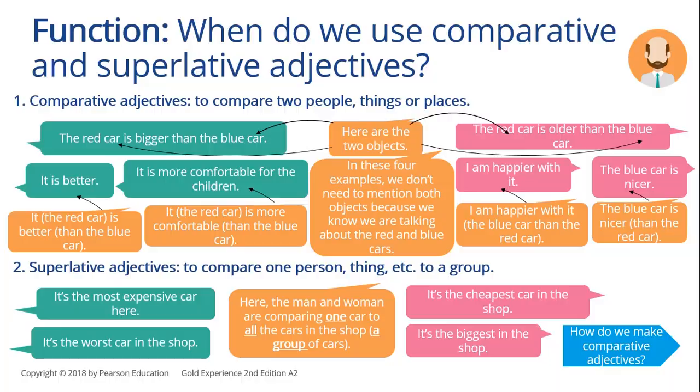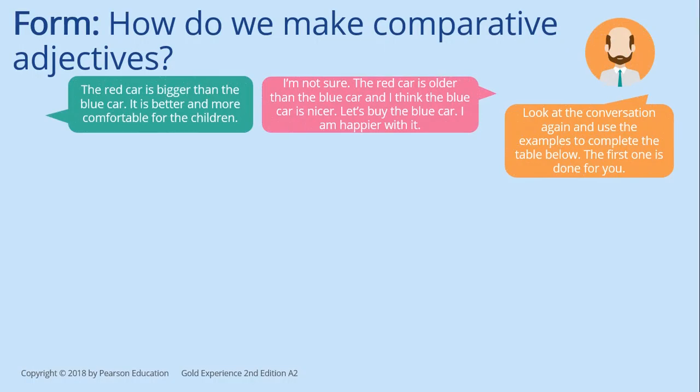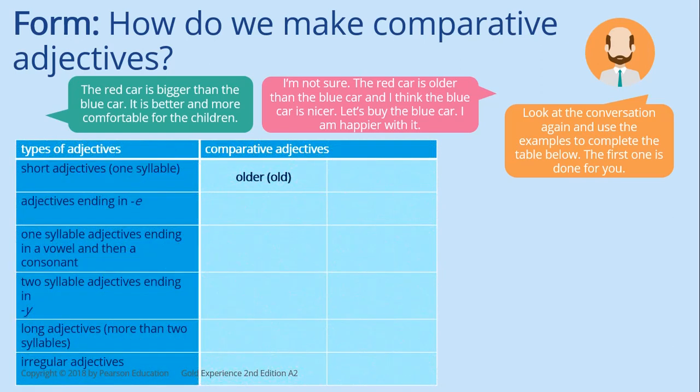How do we make comparative adjectives? Look at the conversation again and use the examples to complete the table below. The first one is done for you. We get different types of adjectives. Short adjectives, old, older.